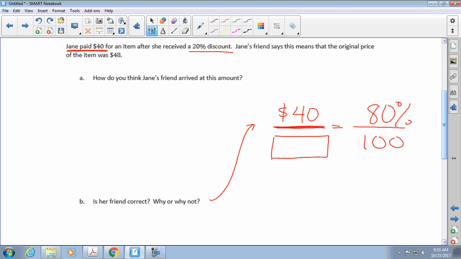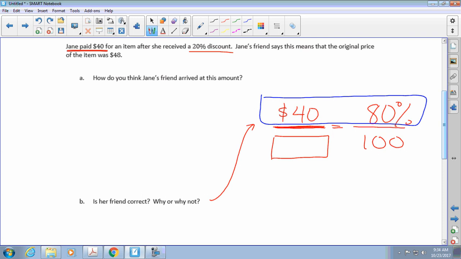Good. If you're getting 40% off, you're actually paying 60%. Does that make sense to everybody? You have a choice of what part you're using. You just have to make sure, again, that these numbers all correlate with one another. So $40 is the amount paid, so we need 80% here, this percentage on top, to be the percent paid.